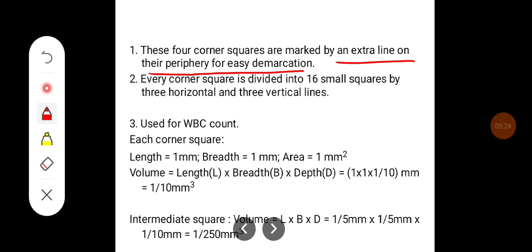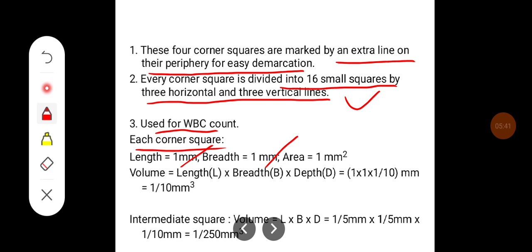Every corner square is divided into 16 small squares by 3 horizontal lines and 3 vertical lines. For the counting areas used for the WBC count, each corner square has a length of 1 millimeter, breadth of 1 millimeter, and area of 1 by 1 millimeter square. And volume is, as we discussed, 1 into 1 into 1 by 10 millimeter cube.